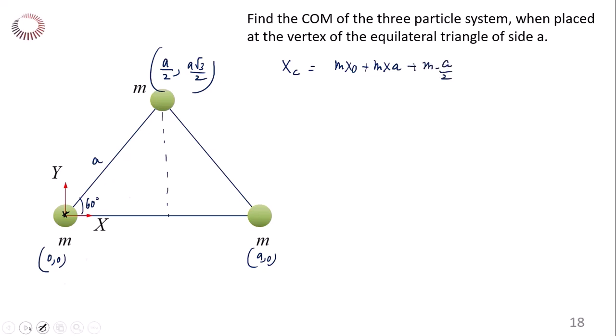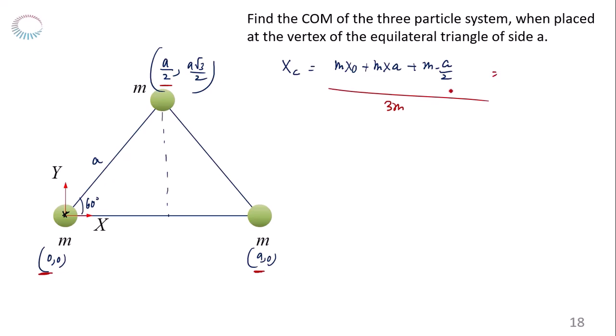The first coordinate x1 is 0, the second coordinate x2 is a, the third coordinate is a by 2. So m1 x1 plus m2 x2 plus m3 x3, divided by the total mass, which is 3m.